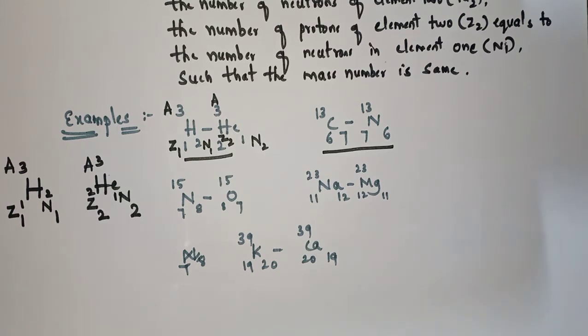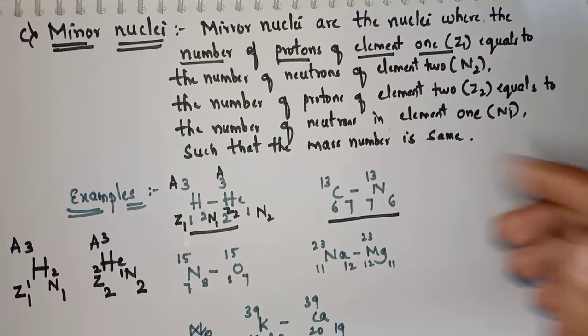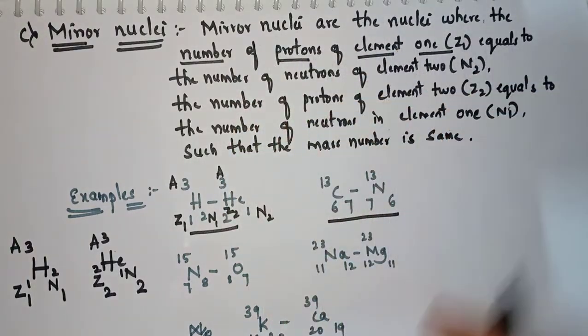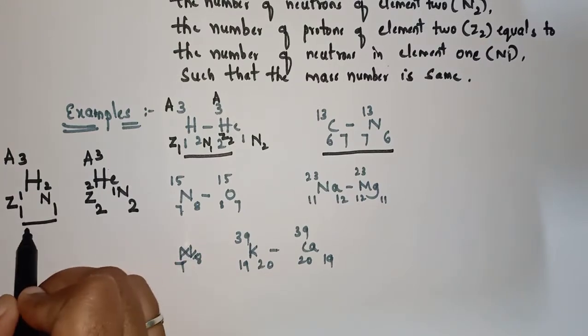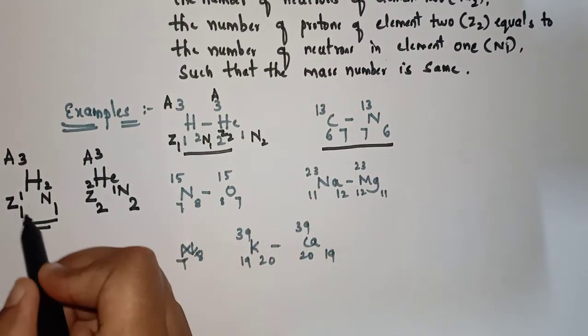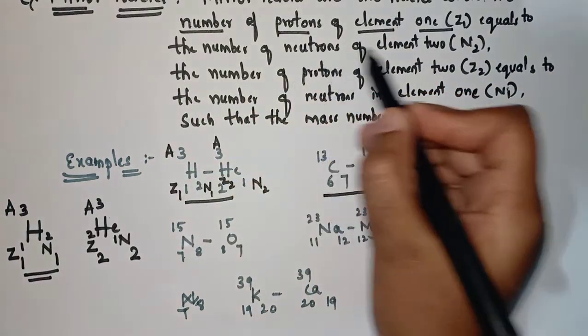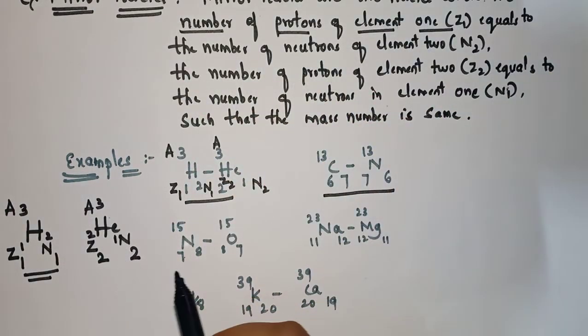Now let us read the definition. Mirror nuclei are the nuclei where the number of protons of element 1 is equal to the number of neutrons of element 2, that is N2.